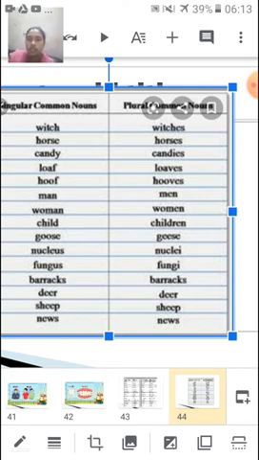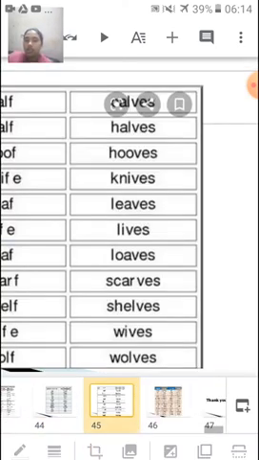Child, children. Goose, geese. Nucleus, nuclei. Fungus, fungi. Barracks, barracks again. Deer, deer. Sheep, sheep. News, news. So these are irregular nouns, that is from barracks to news. They are irregular nouns.